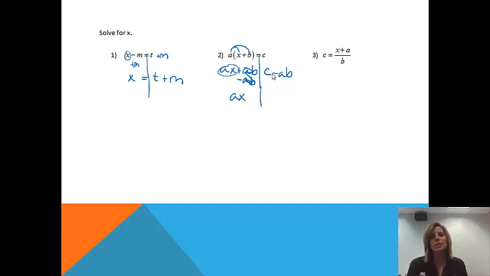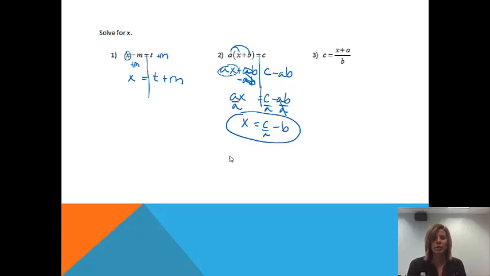And then on this side, we can't combine those because they're not like terms, so we'll just still have c minus ab. And then to get the x by itself, just like if that was a 5 or a 2 or something, we divide. So this time we're just going to divide all 3 parts by the a. So we're going to get x equals c over a minus, and in this case the a's, since they're the same, are going to cancel, and we get b.